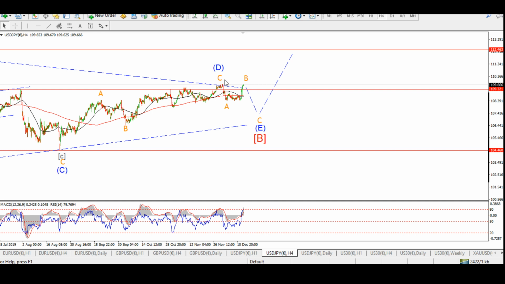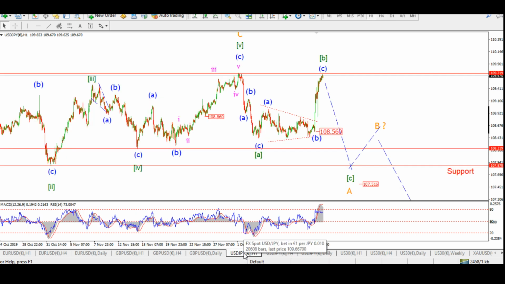So let's get into this hourly chart and we'll see how that is working. The only other interpretation here would be if wave D is only topping out now. If this further new high is actually only topping out wave D again, and then we move lower into wave E. But yeah, wait and see.